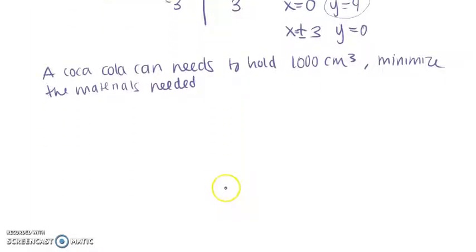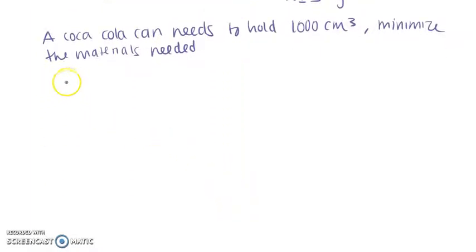Now our first step and most important step is to draw. Drawing is really important when it comes to solving a word problem, I found in my experience, because it allows you to visualize what you're trying to solve and makes it easier to come up with the equations that you need.